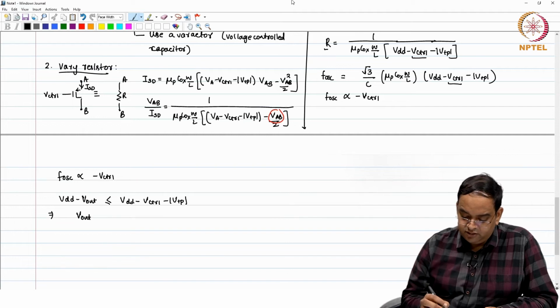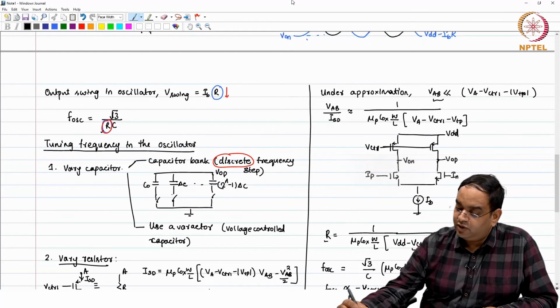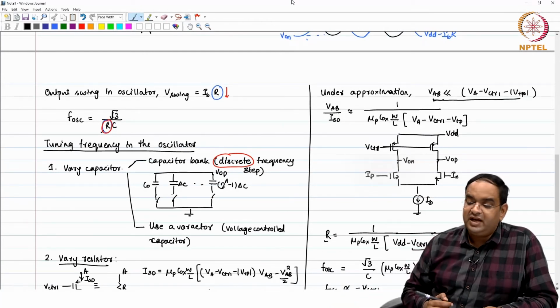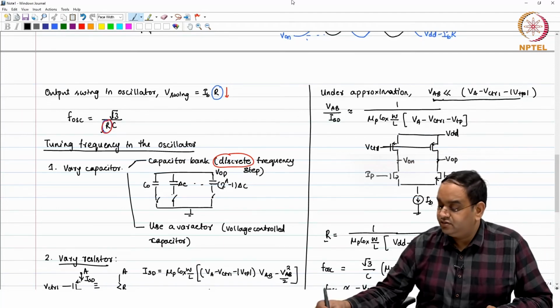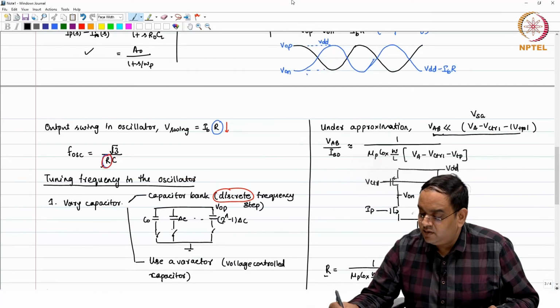If you just solve this inequality, what you get is that the transistor has to be in the linear region, which is VSD less than VSG minus mod VTP.